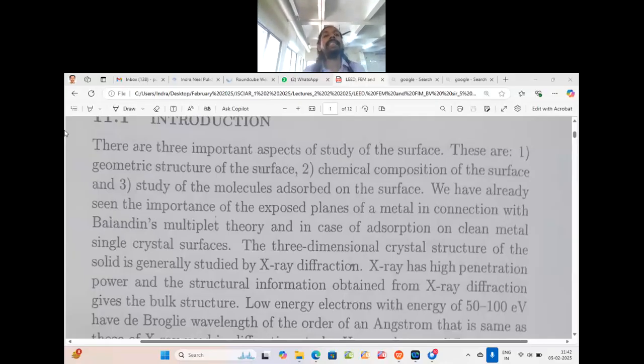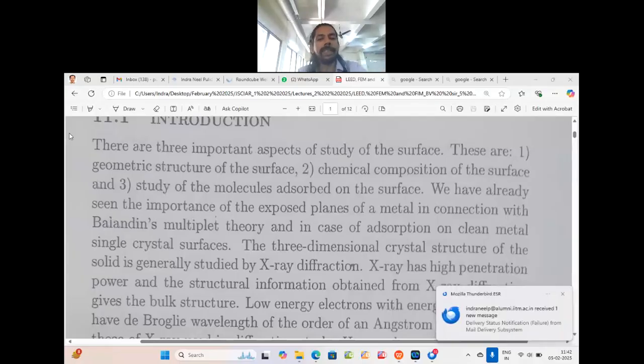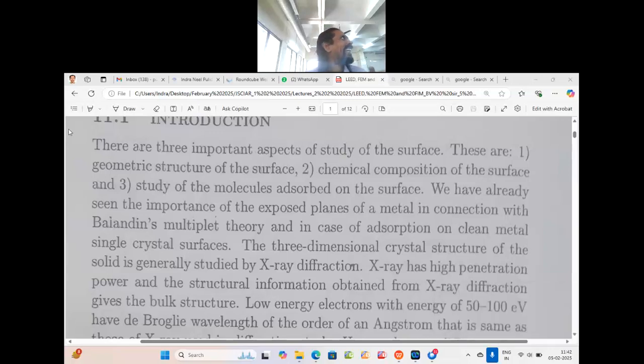XPS, ESCA, electron spectroscopy for chemical analysis, is a very promising technique to know the elemental composition.